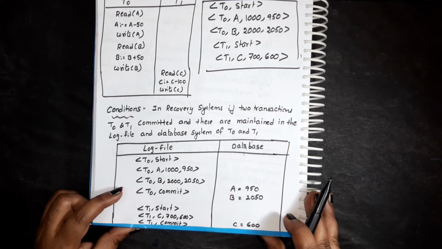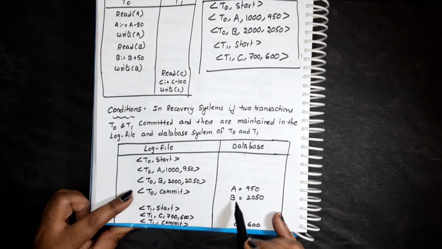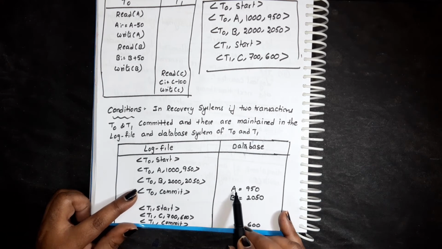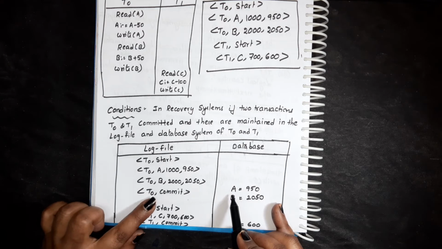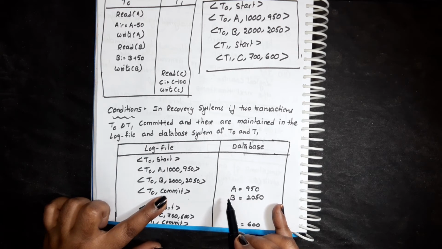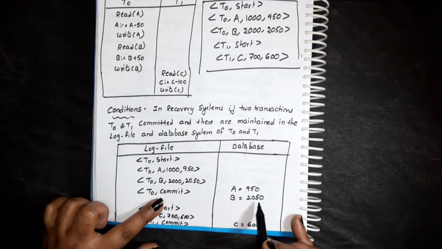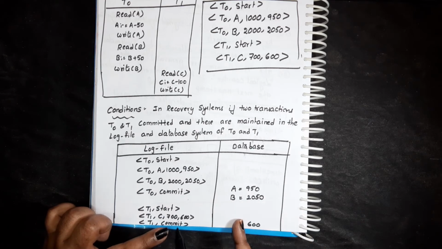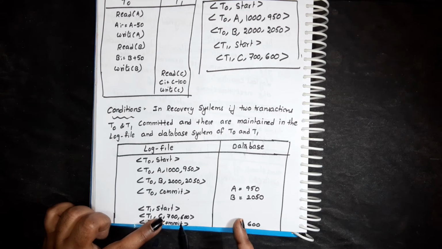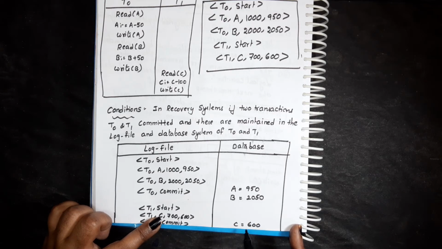Then what are the values of accounts A, B and C? After the funds are transferred, if the commit operation is executed for the T0 transaction, the value of A is 950 and the value of B is 2050, and after the commit of transaction T1, the value of C is 600.